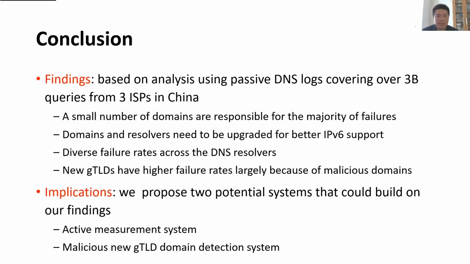On the other hand, Internet users should be aware of the impact of using different resolvers from both the perspectives of query failures and mapping inaccuracy. We also find that the volatility of malicious multi-TLD domains contributes to higher failure rates because they change frequently and accesses to them result in failures. We finally propose two potential systems that could build on our findings.